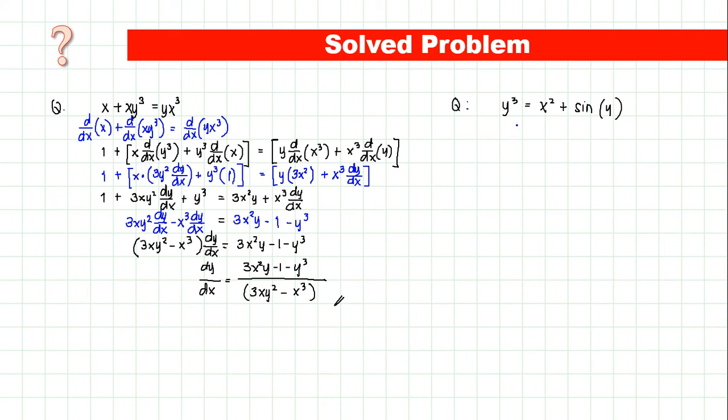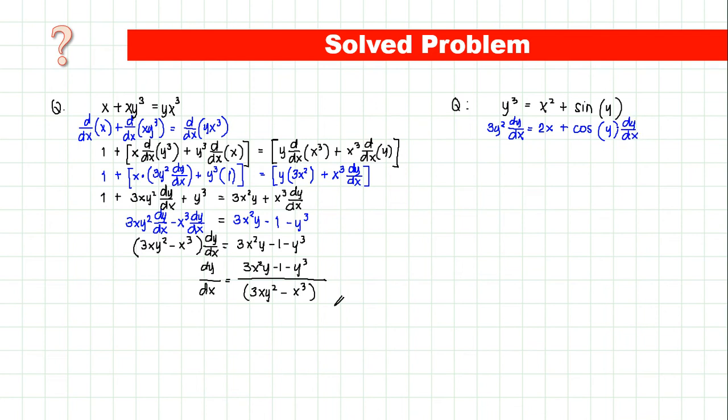Ano ang implicit differentiation? So, we have 3y squared dy dx is equal to, so bababa na natin dito, we have 2x dx over dx which is 1 plus, okay, derivative ng sine of y that is cosine of y times dy dx.